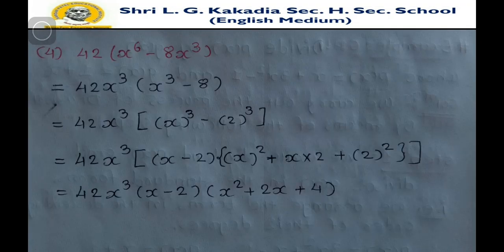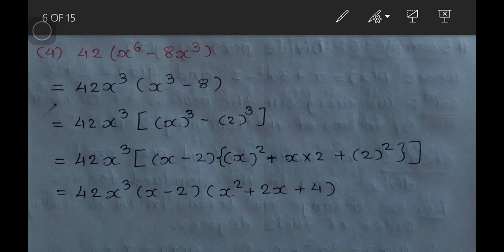Now one more example, example number 4. Here you can see that 42 is already given as a common factor. Now in the bracket you can see that these terms do not seem like the cube of any term. So first we try to extract some common factors from the given polynomial.